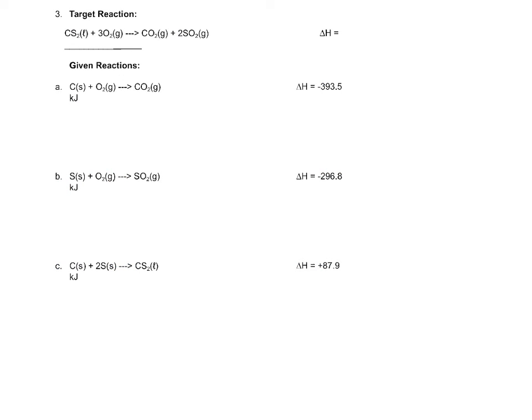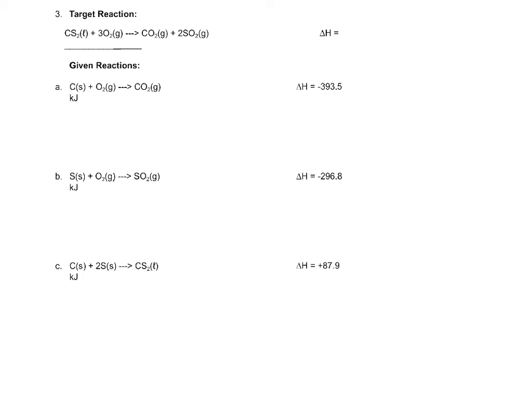The third example uses 3 reactions to help us get to a target enthalpy, which is possible. We can do that. We'll start by looking for chemicals in the target reaction that match the chemicals in the givens. It's often easiest if you start with chemicals that are kind of unique.